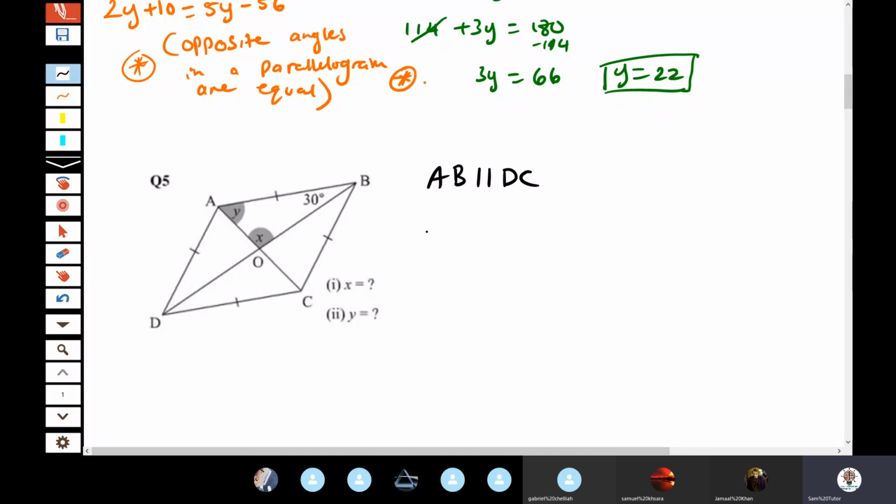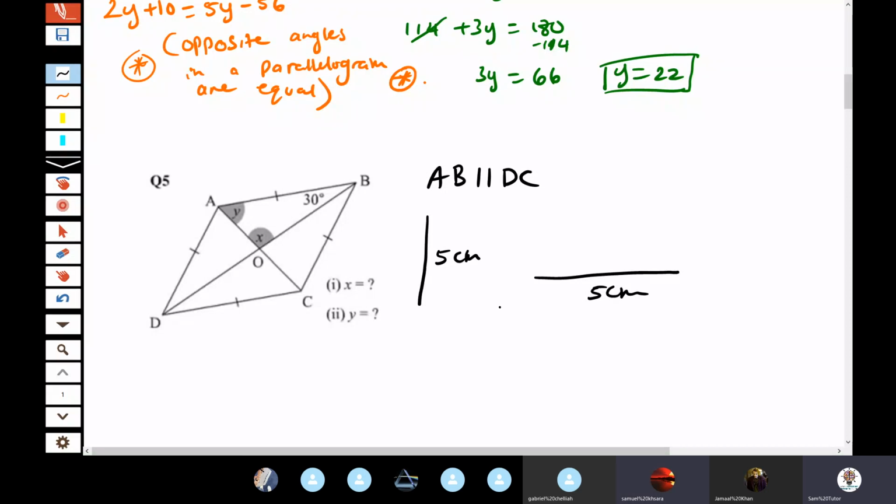Isn't this, which is 5 centimeters, doesn't this also equal this 5 centimeters? Are these two parallel? Oh wait, no, sorry. How can you say these two are parallel? That one's going up this way, that one's going this way. So just because they're equal, does that mean they're parallel?